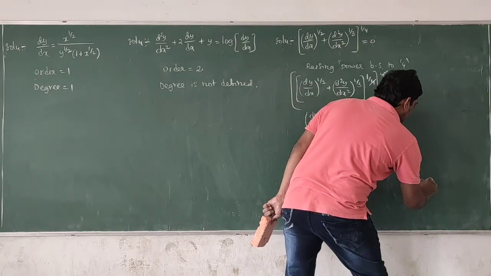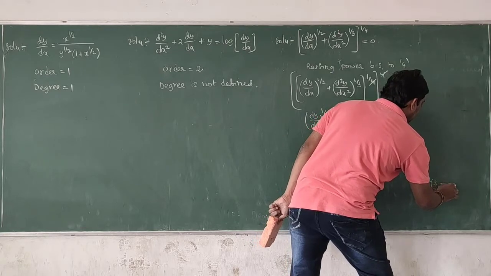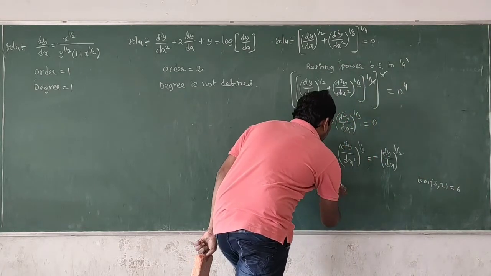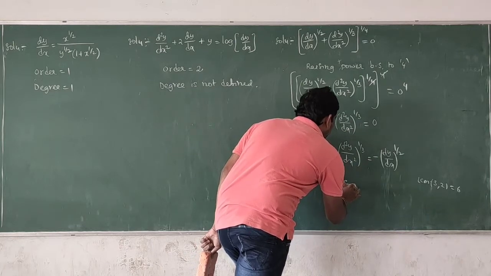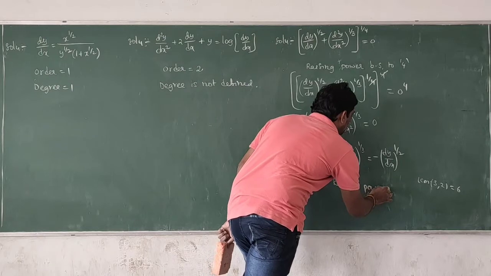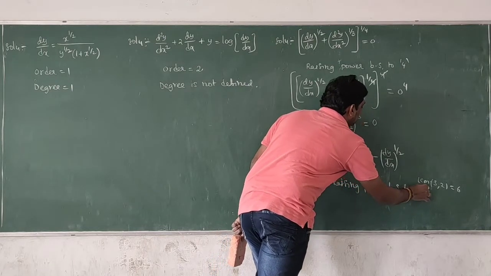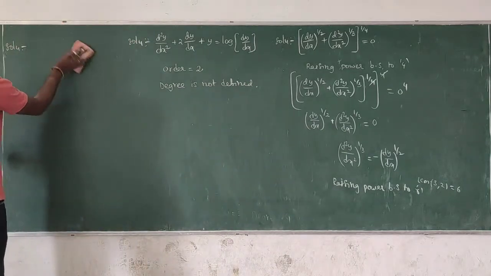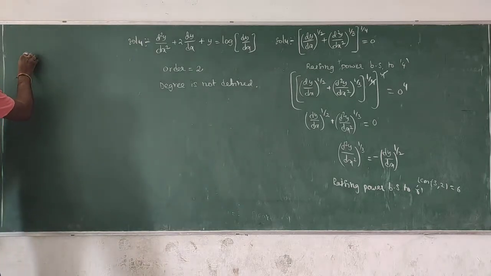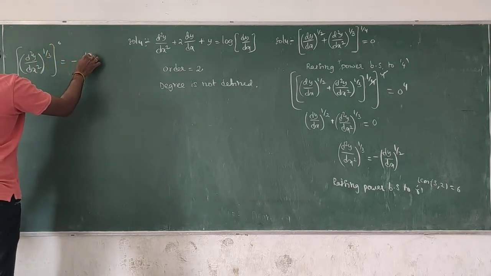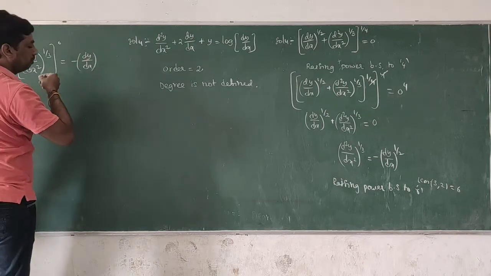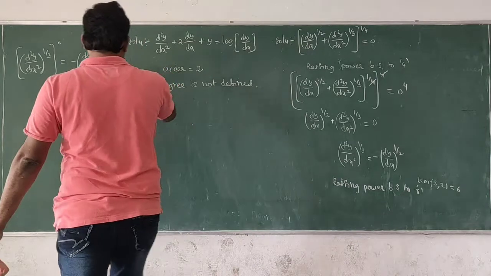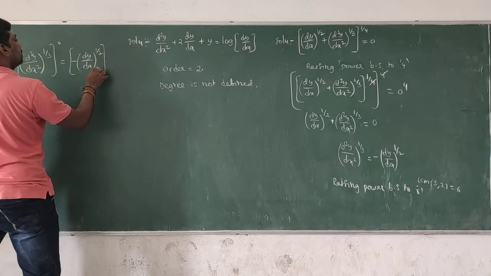What is the LCM of 3 comma 2? It is 6. That's why raise the power to 6 on both sides. Then d square y by dx square whole power 1 by 3 whole power 6 equals minus dy by dx whole power 1 by 2 whole power 6.